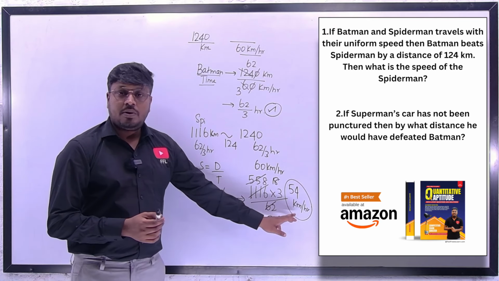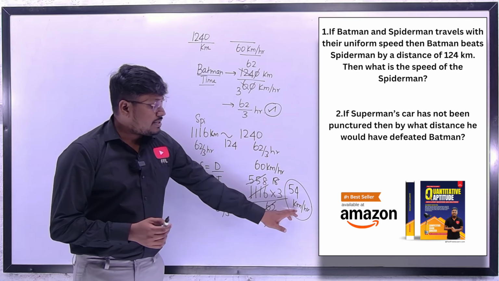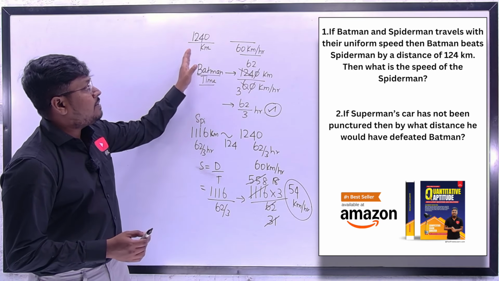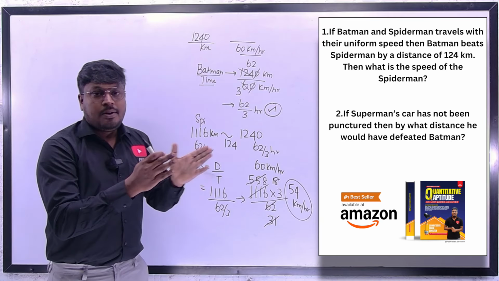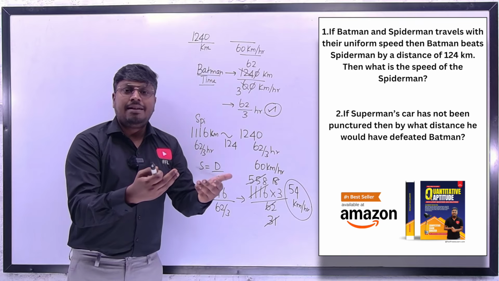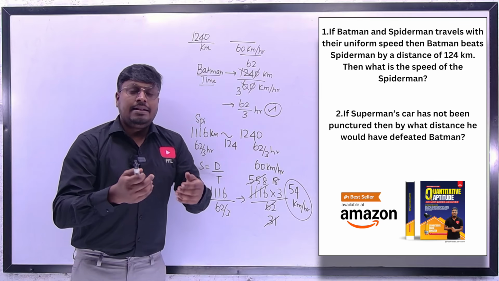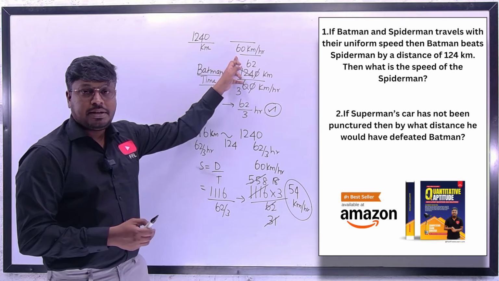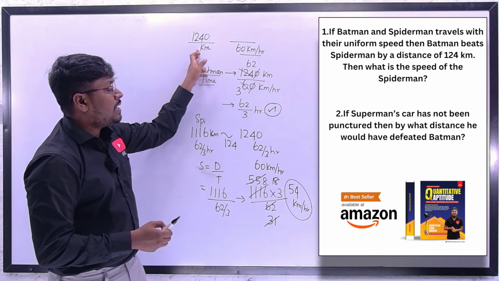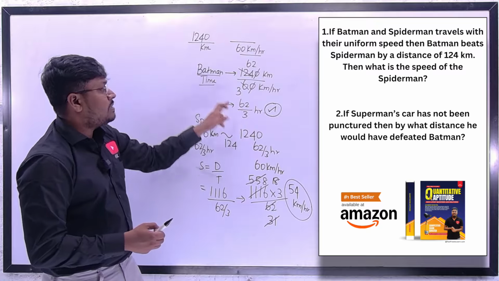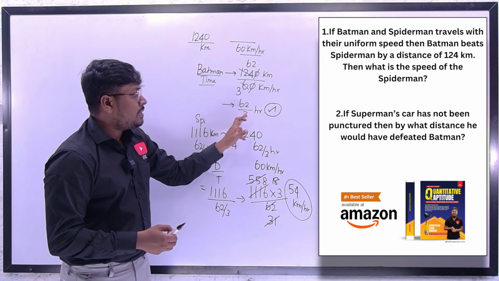So friends, understood or not how I calculated it, right? So just listen carefully. We know the Batman's time taken, and we know the Batman's total distance of the destination from A to B is 1240, which we calculated by using the passage. And in the initial part of the passage, they have given the Batman speed as 60 kilometer. By using these two data, we can easily find out the time taken by the Batman to reach this distance, which is 62 by 3 hours.